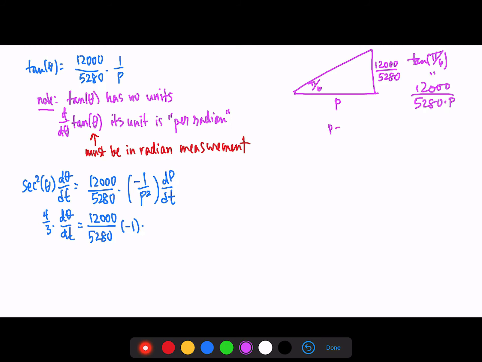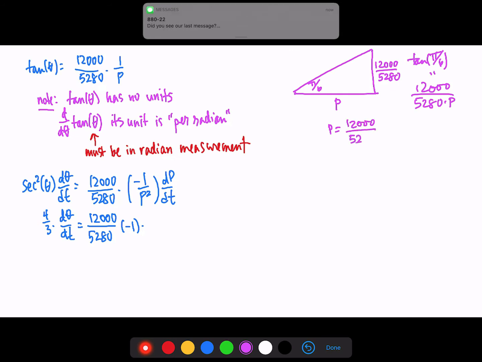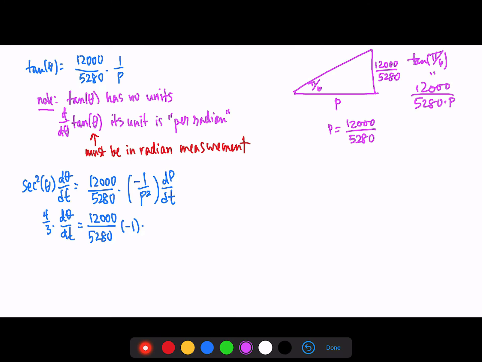Solving this for P gives me P equals 12,000 over 5280 times cotangent of pi over 6, not cosine, cotangent. And the cotangent of pi over 6 is the cosine of pi over 6 over the sine of pi over 6, and that's the square root of 3.